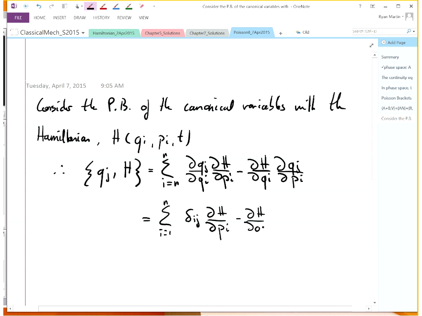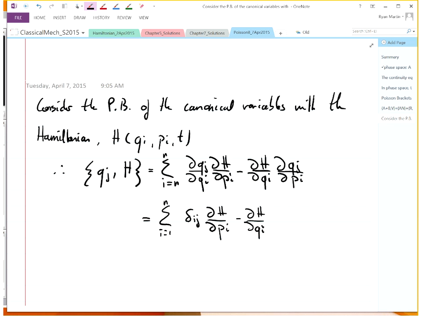Second term, we have minus ∂H/∂qi, and then I have ∂qj/∂pi. So remember now, the q's and p's are all independent coordinates. So the p's really should be thought of as just an extension of the coordinates.